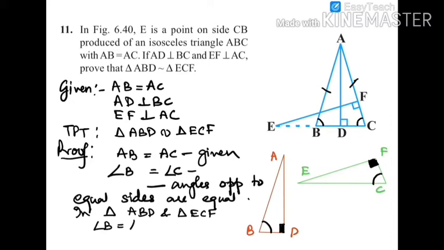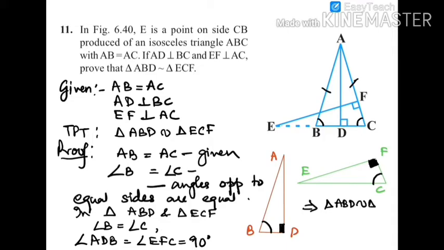Angle B is equal to C, proved, and angle ADB is equal to angle EFC. Each is 90. So this implies triangle ABD is similar to triangle ECF by angle.